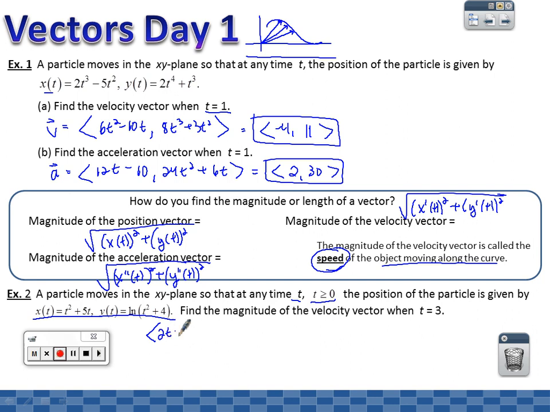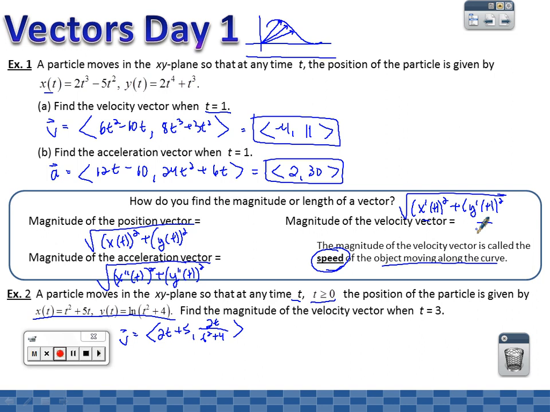So 2t plus 5, and then we have a natural log, so we have to chain that: 2t over t squared plus 4. That would be my velocity vector, and we could label it if we want. Now we would substitute a 3. We need the formula for magnitude.